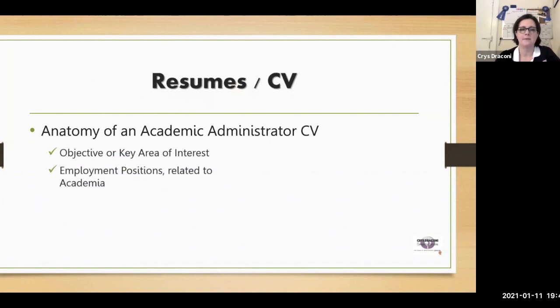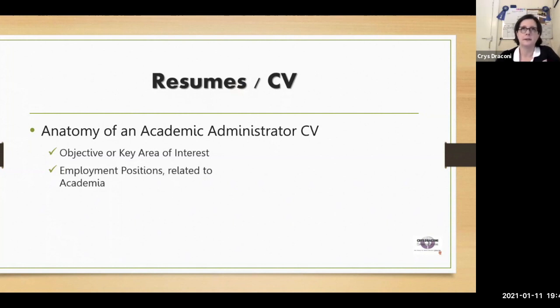Most likely, 99% of you have worked in positions that were not GME related or academically related. And it's okay to put a few of those on there if this is your first job within academia, but I really suggest that you focus on academia, which is something that I have done.